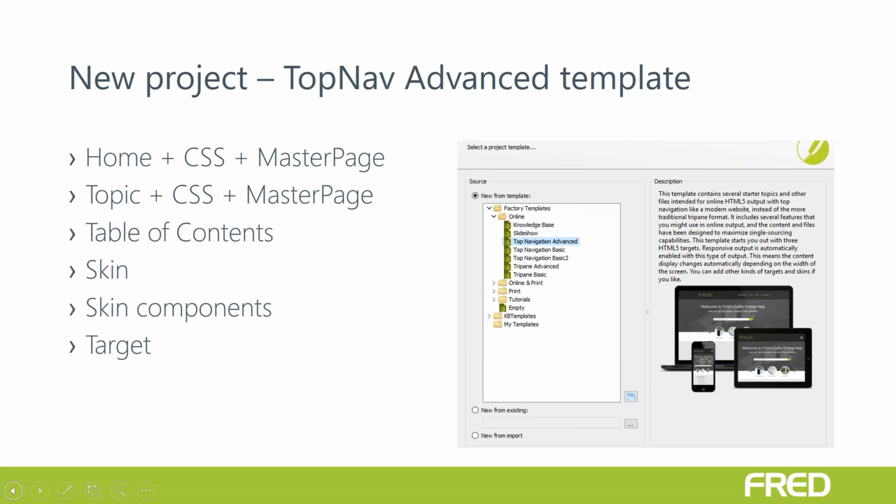Basically I created this new project using the TopNav Advanced template, and then I immediately dropped the components I needed, like the style sheet, the master page, into my legacy project.